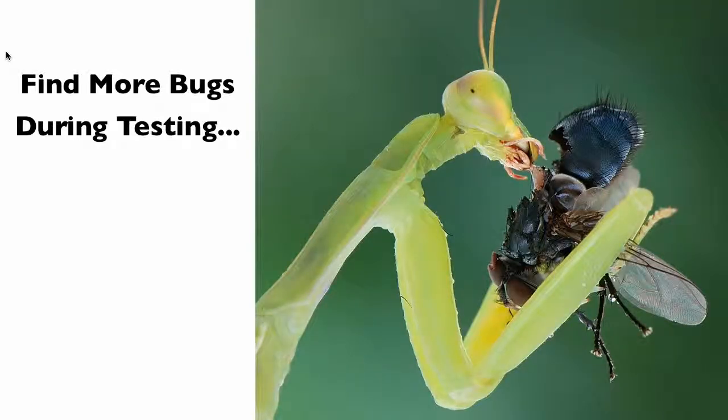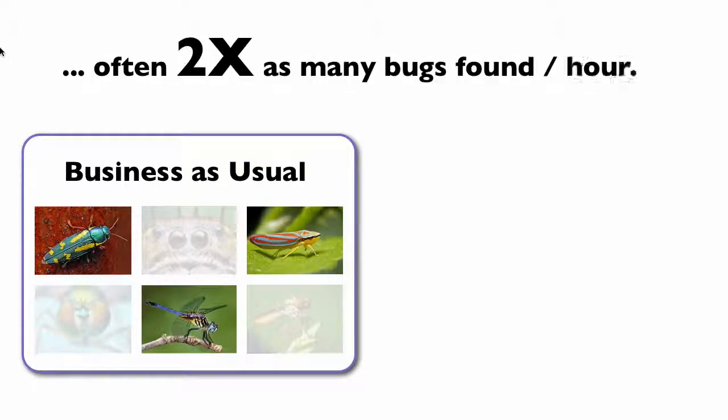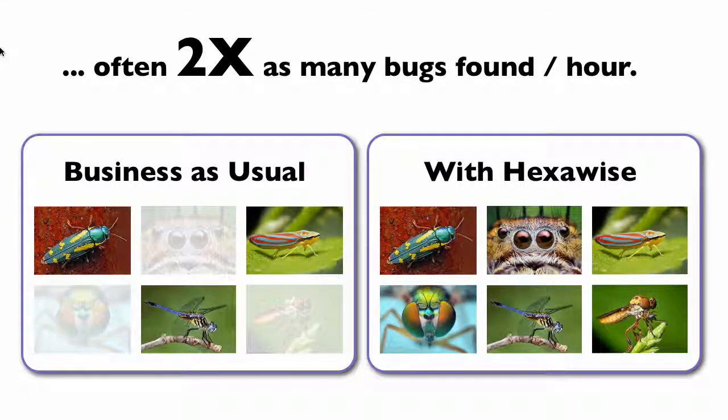Second, Hexawise generates more efficient and effective test cases than people can generate on their own. Test plans created using Hexawise often result in more than twice as many defects found per test per hour. Why is this?